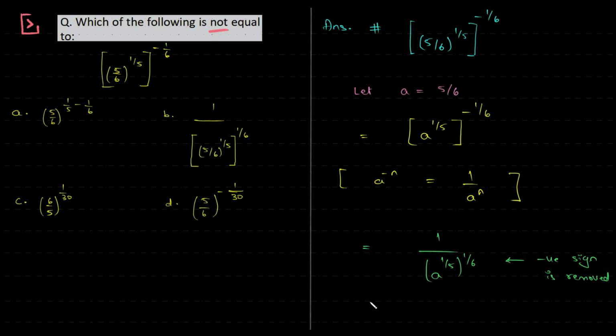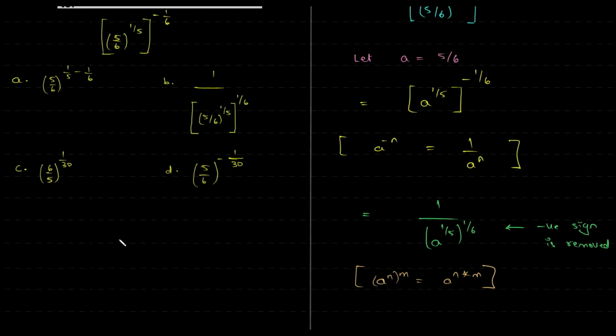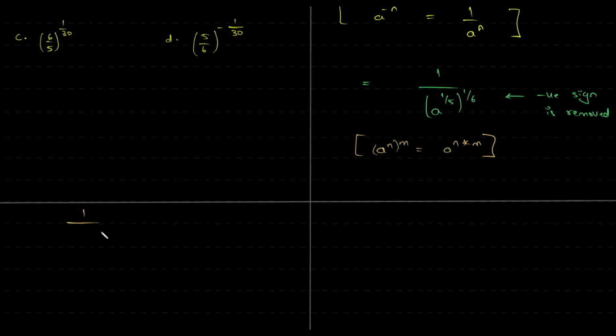And after this, we have to make use of what? (a^n)^m, which is nothing but a to the power of n into m. This is the formula that we have to use over there. And so we have 1 by a to the power of 1/5 into 1/6.